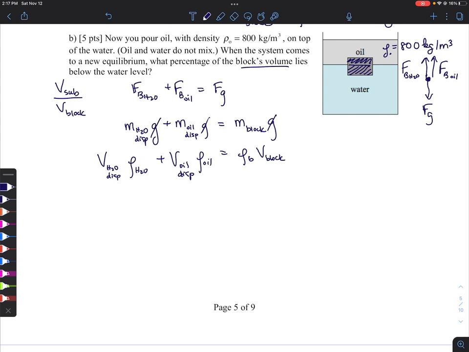We don't know what these two things are, but we do know that if we sum the volume of the oil displaced and the volume of the water displaced, we should get the volume of the whole block. So V H2O displaced plus V oil displaced has to be equal to V block.